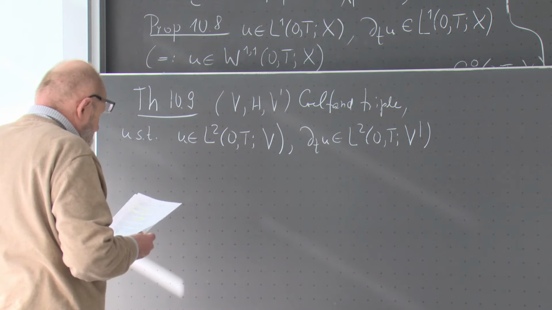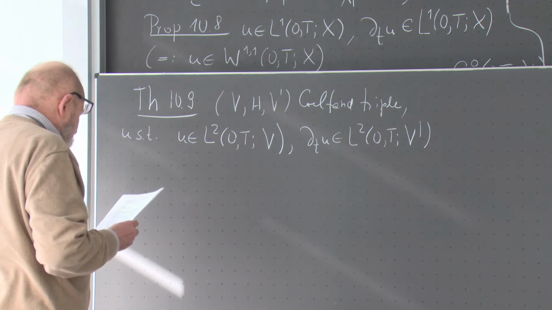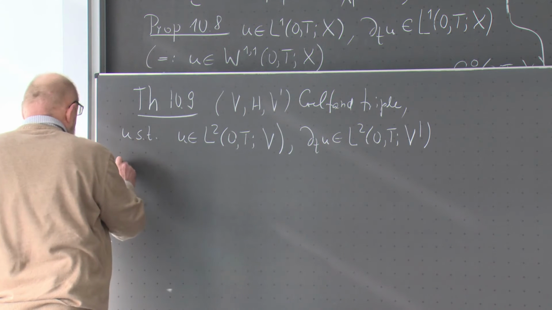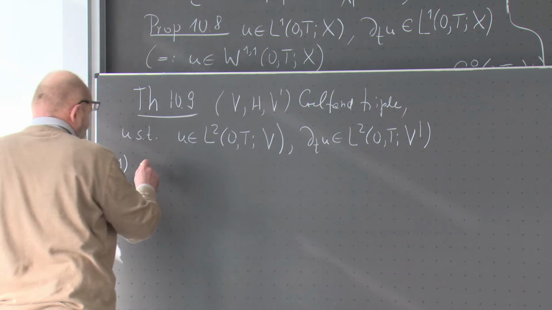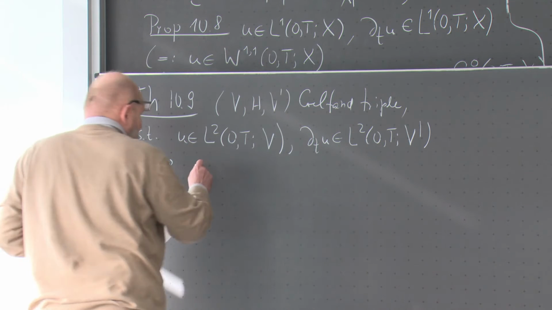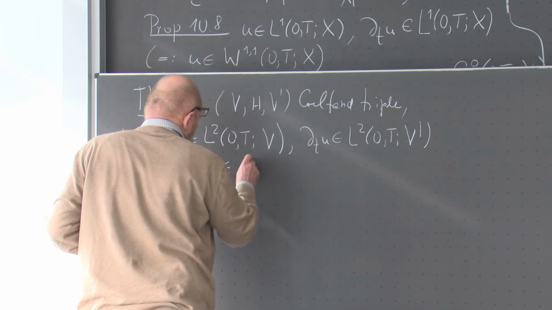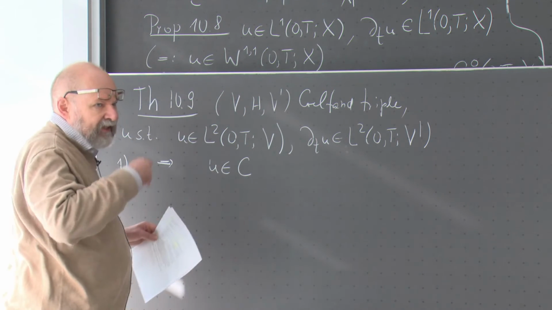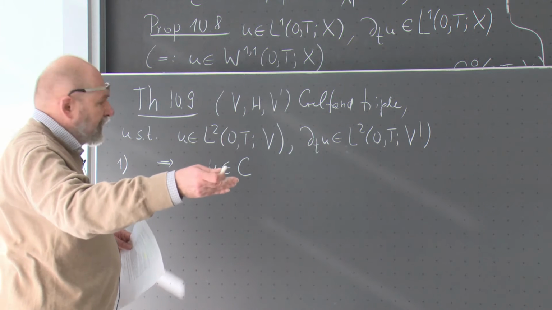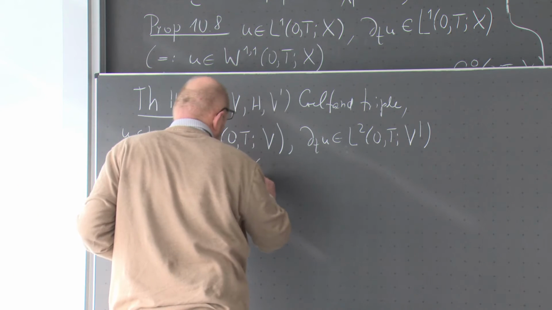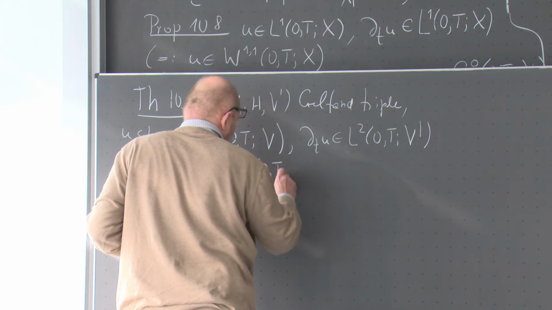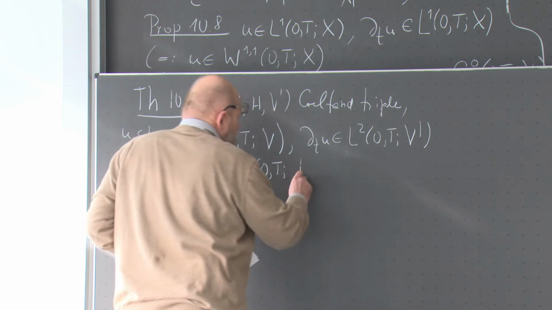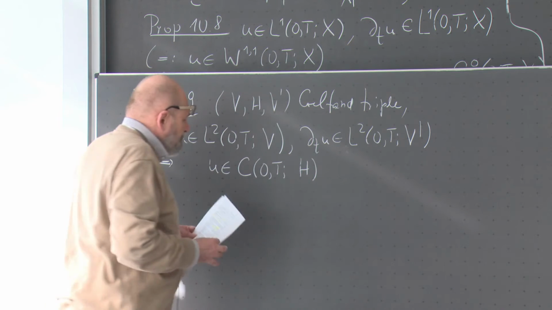And this theorem now tells us, first, the nice thing is that it's not so bad in this sense. This very weak time derivative helps us in time in doing an embedding, in the sense that we have a continuous embedding into the continuous functions, but now only with values in H. So that's what I meant.